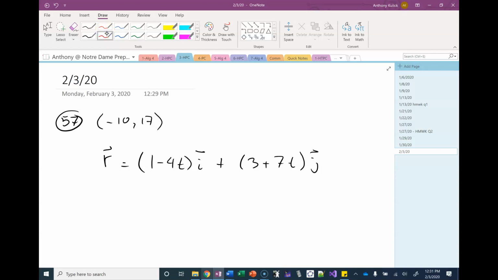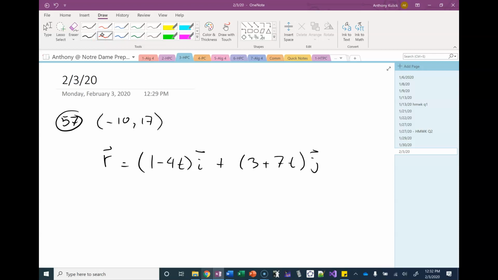So, if we look at the linear combination form, Val, the i vector represents which component? The i vector represents the x component.